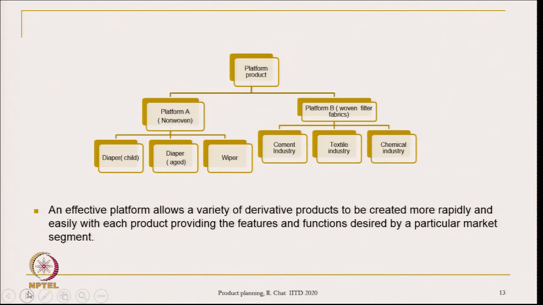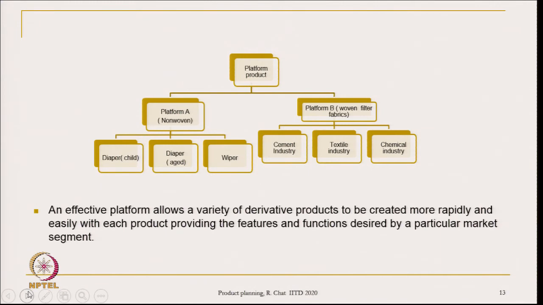Suppose we have a non-woven product platform, and with the non-woven fabrics we make various types of products. We can make diapers for children and the aged. We can also make wipers out of these. So, if a non-woven product platform is there, then we can have various products which can be made from non-wovens.